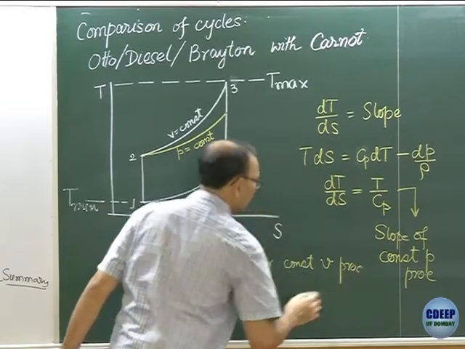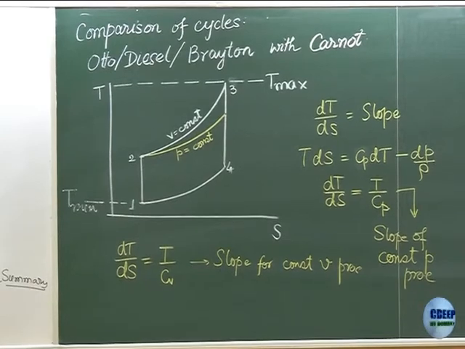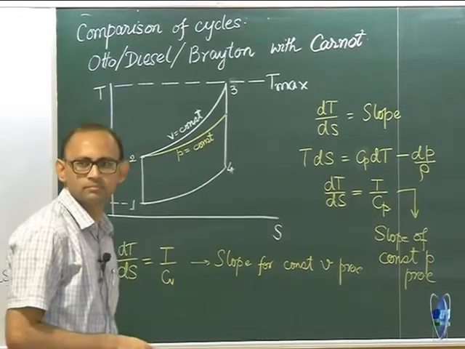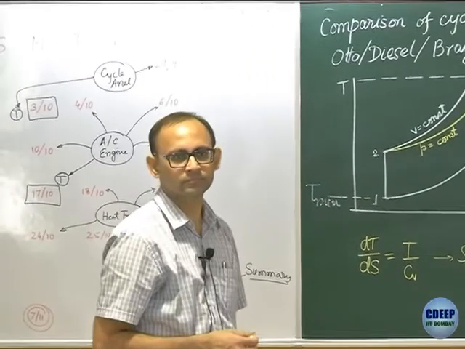Can you also again use the Gibbs equation for getting the constant volume slope? I'm sure you can do that, but this is something which is readily available on the board.